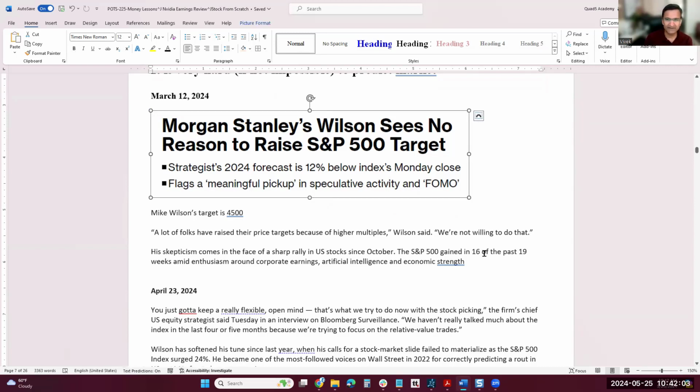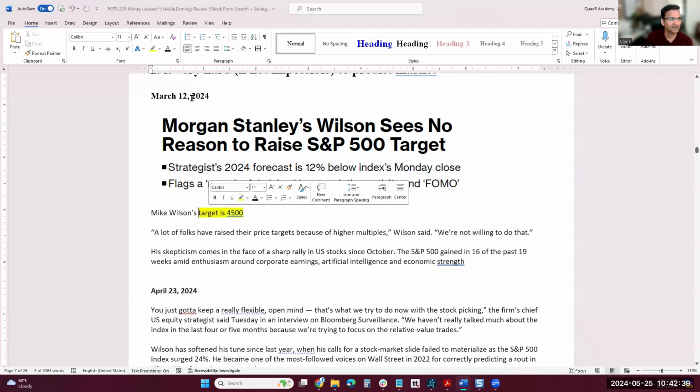As we talked about Mike Wilson many times over the last 18 months, in 2022 he was a star of Wall Street because he predicted the crash of 2022, and he maintained his bearish thesis in 2023, and market was up like 26% in 2023, right? In 2024, he still maintained his thesis that the S&P target is 4,500. His target was 4,500 as of March 12th.